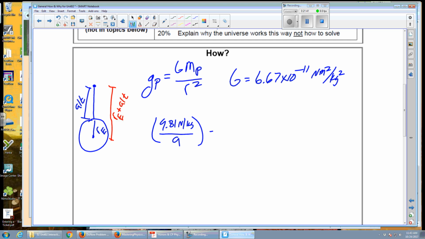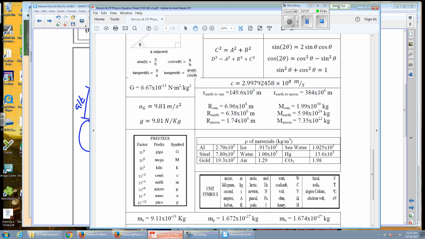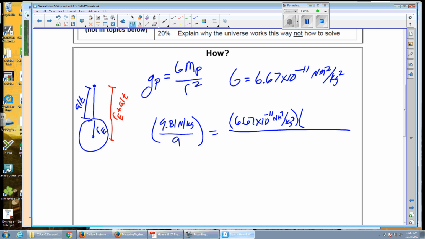That's going to equal 6.67 times 10 to the negative 11th Newton meters squared per kilogram squared, times the mass of the planet. What planet are we talking about? Earth. Mass of the Earth, 5.98 times 10 to the 24th kilograms.